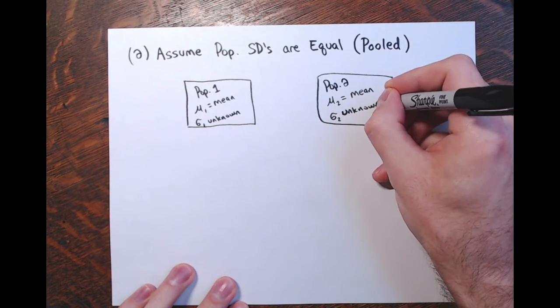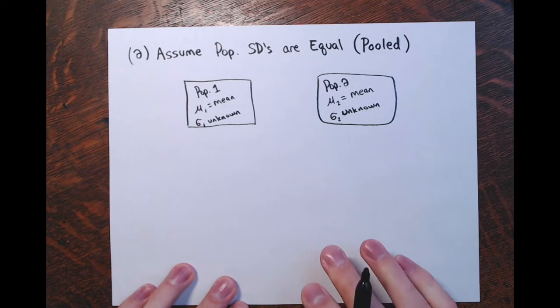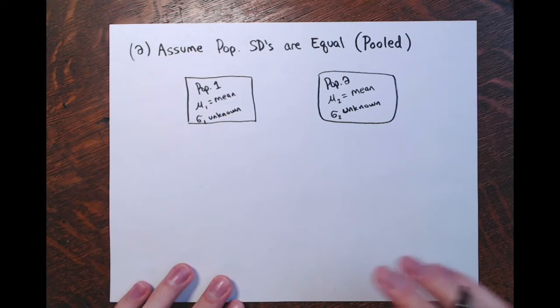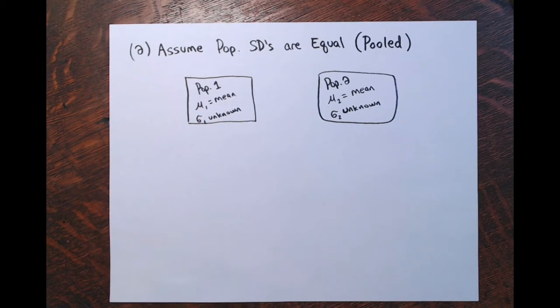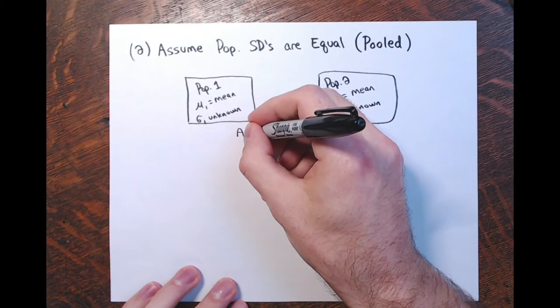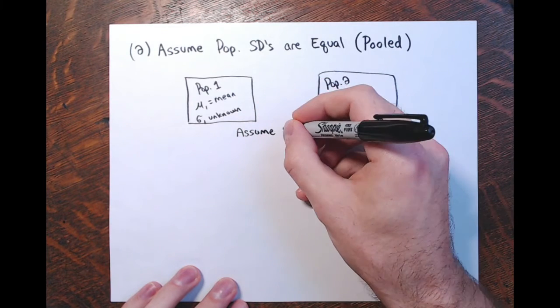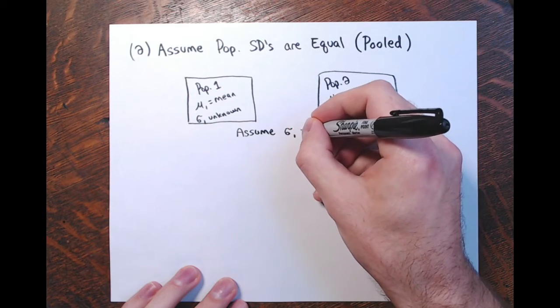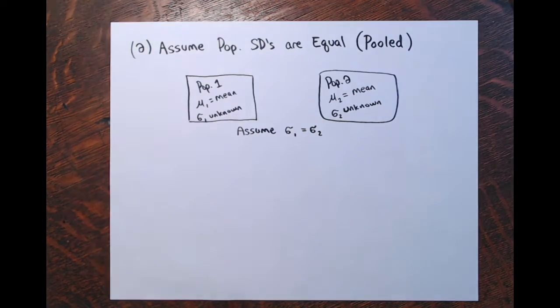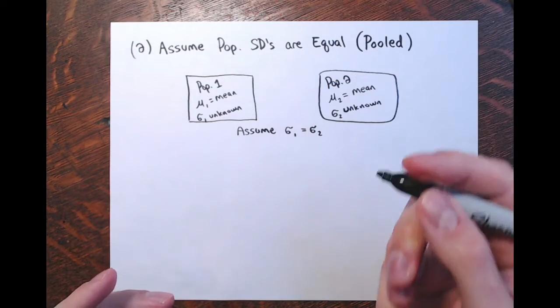I don't know what either of these are, and that's usually the case. If you don't know the population mean and you're trying to test about it or estimate it, you more than likely don't know the population standard deviation as well. But this time, as opposed to the last scenario, we're assuming that sigma 1 is equal to sigma 2. Assume they have the same standard deviation or the same variance. Sigma 1 squared equals sigma 2 squared, same thing.